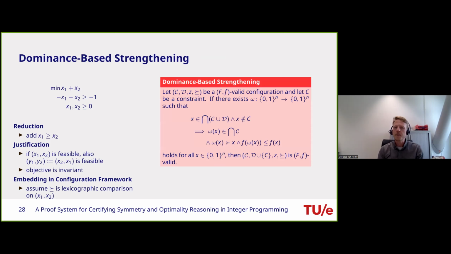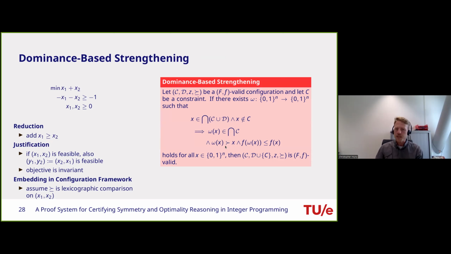And also this can be made more abstract. Also here we need to have a witness omega, such that if I am given a solution X that satisfies the core and the derived constraints, but that does not satisfy, for instance, this symmetry reduction, x1 greater than or equal to x2, then the witness needs to satisfy the core constraints, not necessarily the derived constraints, only the core constraints.